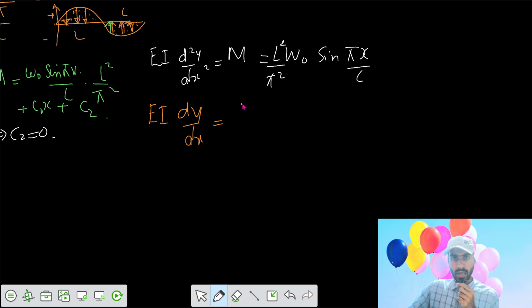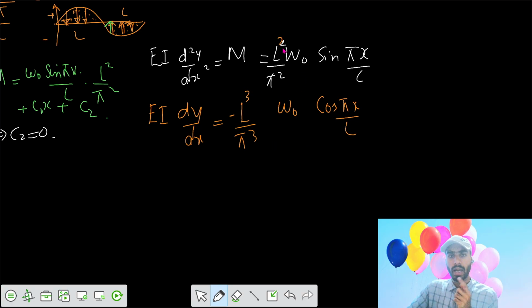We can say L square, firstly we can solve w naught sine pi x. If you integrate it, we get minus cos pi x by L. That means the L square by pi square becomes L cube by pi cube, plus some constant C3.